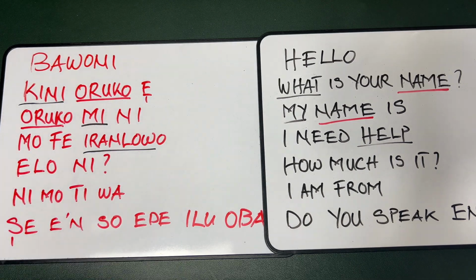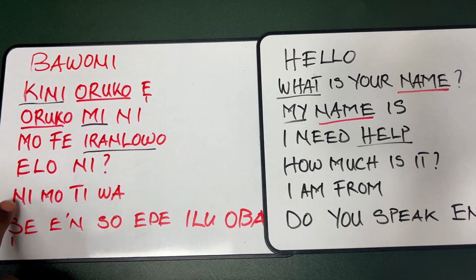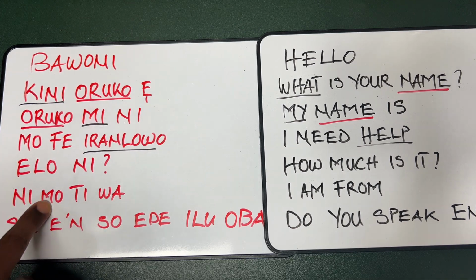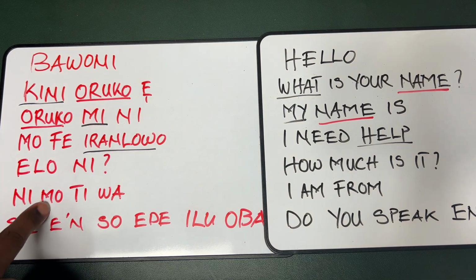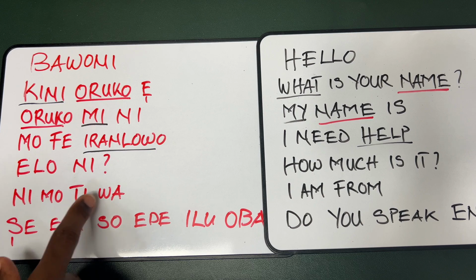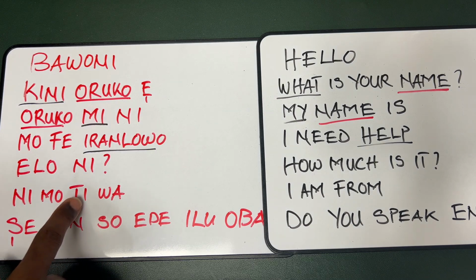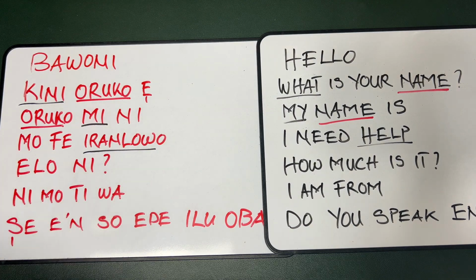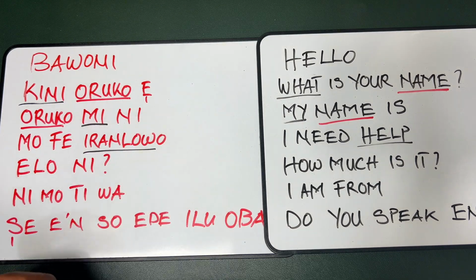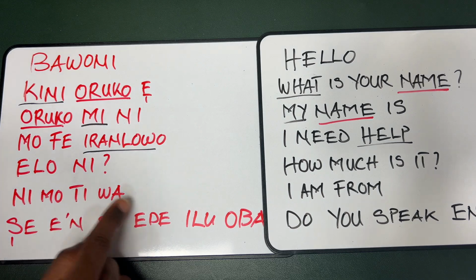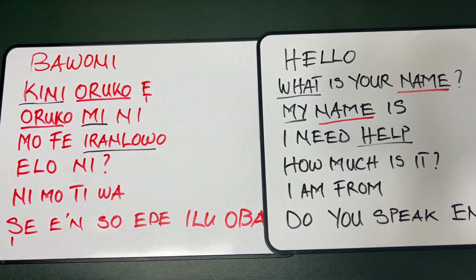Never mind the literal translation of that, but I'm just trying to split the hair and break it down. But this is the verb to be, ni, which is be, am. This is the personal pronoun of I. As you can see here, mo, so it's I. And then this is come, wá, to come. So I am to come from a place. I am from, Tiwa, that's where I come from.